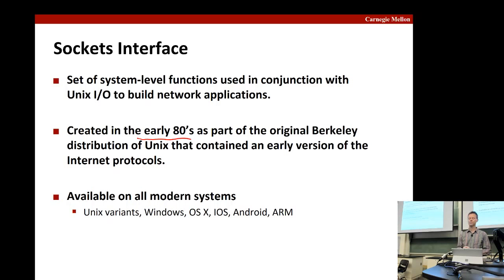It's part of the original Berkeley distribution. That's interesting, that already contained an early version of the Internet protocols, even though the Internet was just barely ramping up. And not just Unix, all the other major operating systems also use a socket interface, so they all have the same conventions. Okay, any questions on that?